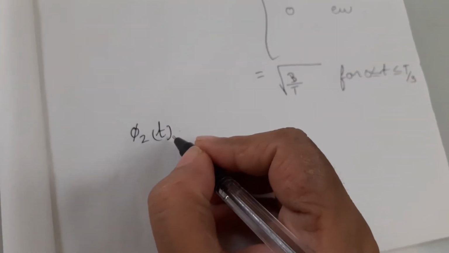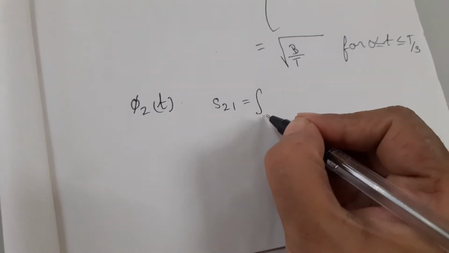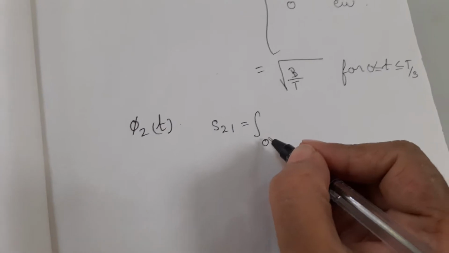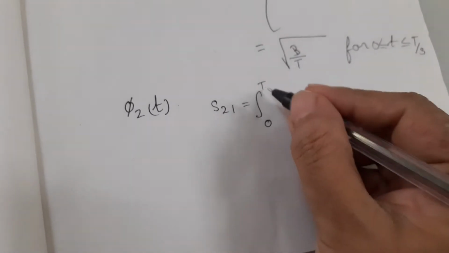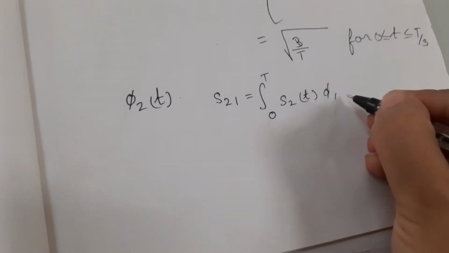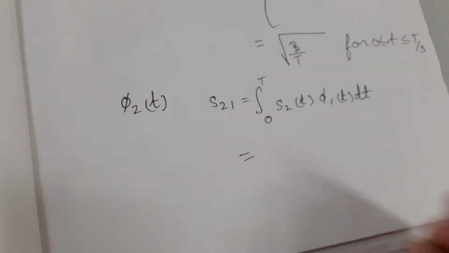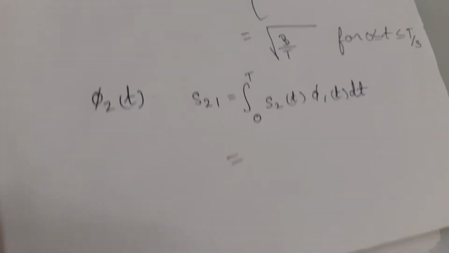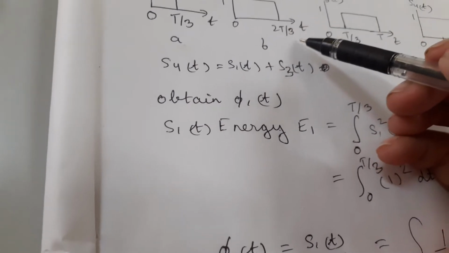So phi 2 of t starts from S21, which will be the integral from 0 to T, again with limits, of S2 of t into phi 1 of t dt. Now what is S2 of t according to the diagram? It is from 0 to 2T by 3.